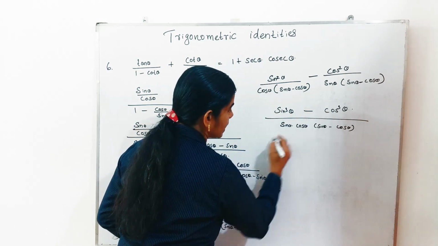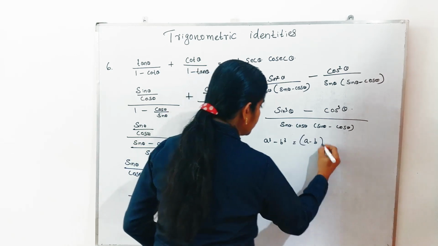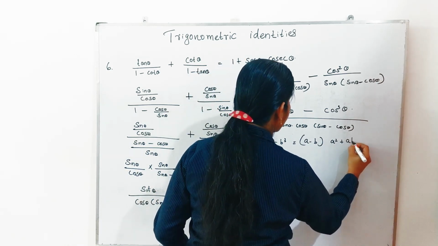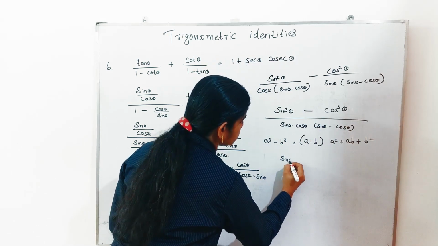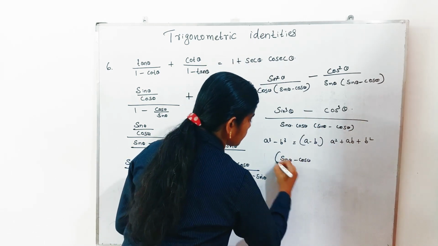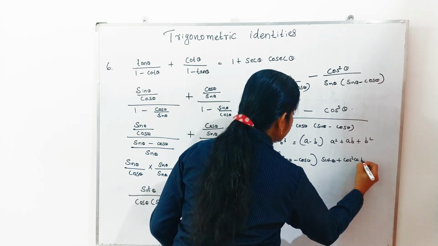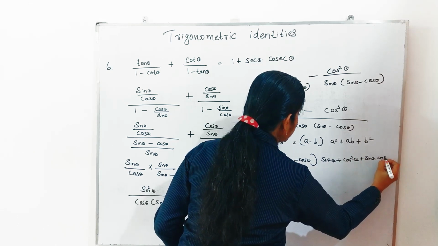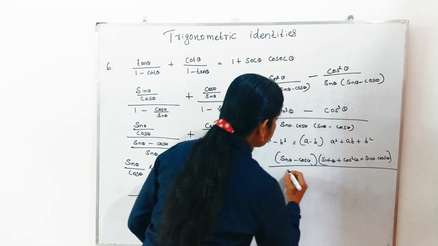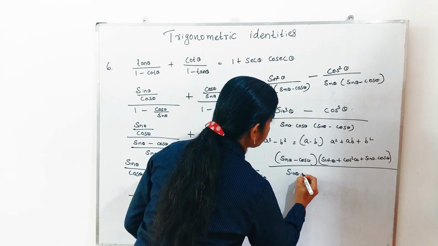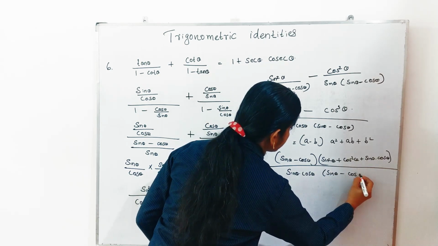This will be a cube minus b cube. A minus b into a square plus ab plus b square. Using that you can write into sin square theta plus cos square theta plus sin theta cos theta divided by sin theta cos theta into sin theta minus cos theta.